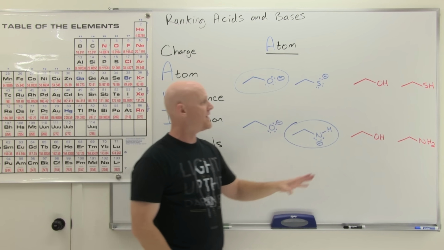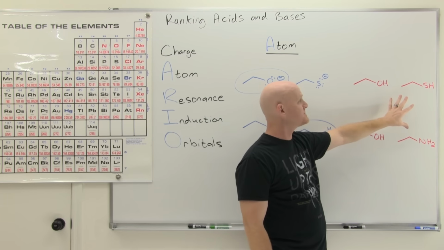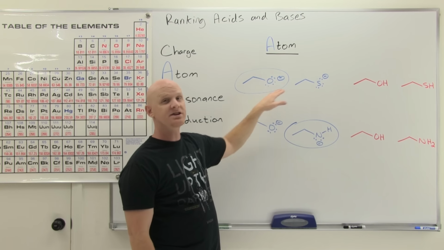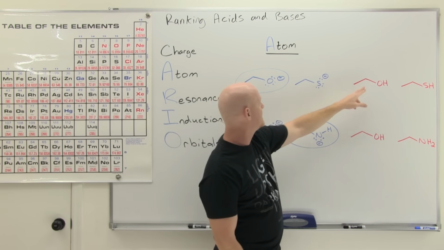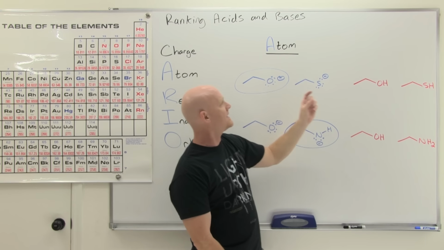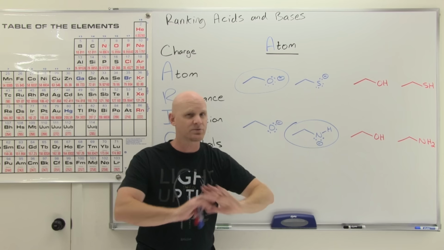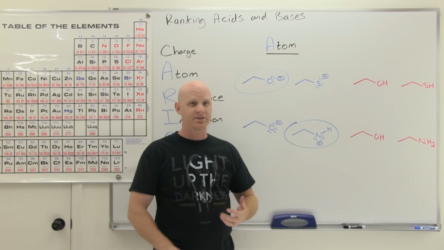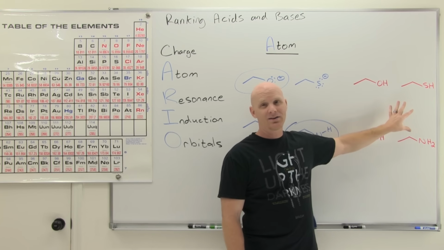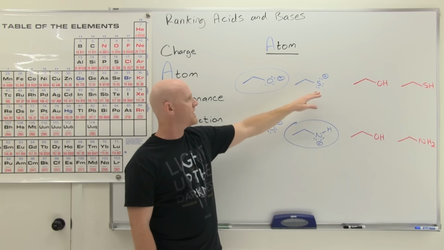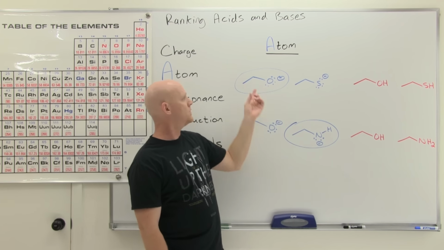Because if you're asked to compare acids, and that's what I'm asking you over here now in these pairs, what you're actually going to do is look back and draw out their conjugate bases if you haven't already. Notice this is the conjugate base of this one, and this is the conjugate base of this one. If you're comparing bases, that's what the rules are for. You don't have to draw any conjugates out. But if you're comparing acids, the first thing you do is draw out the conjugate bases. And you look at them and say, okay, who's stronger over here? Well, he's stronger.